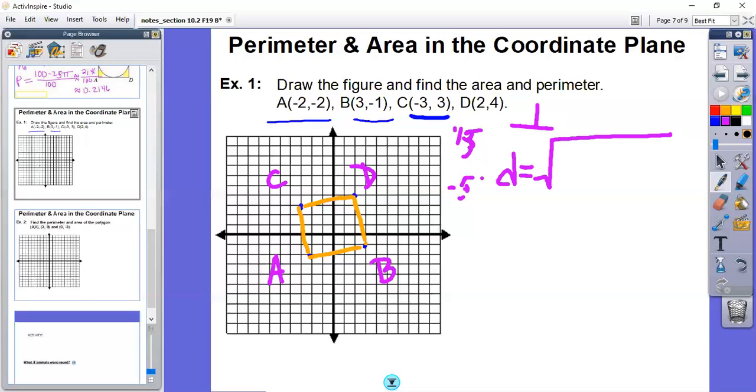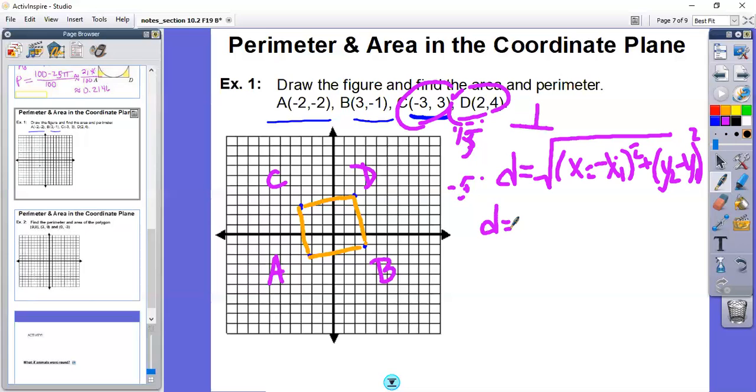So we're going to take the difference in the x's. So here I'll just write down the formula: x2 minus x1 squared plus y2 minus y1 squared. So that's the official formula.